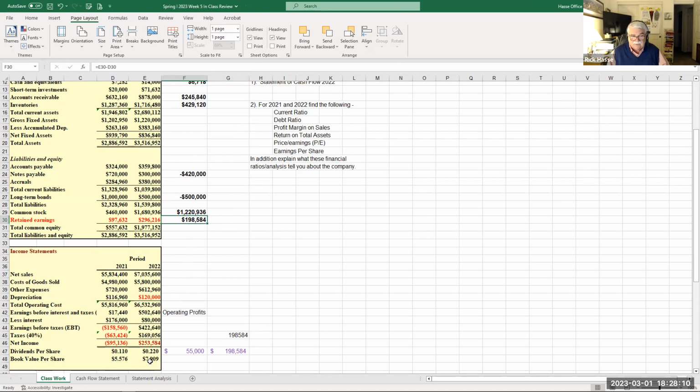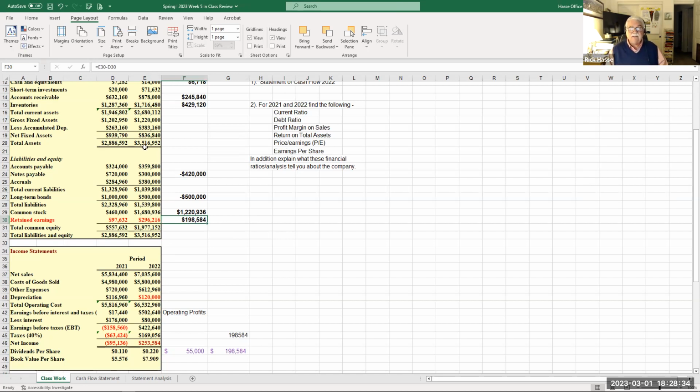The revenue and expense accounts at 253,584 went in as a credit to retained earnings, and a debit was hit to retained earnings of the dividend paid out for the year of 55,000. The net effect was a delta or a change of 198,584. And that's an important concept.